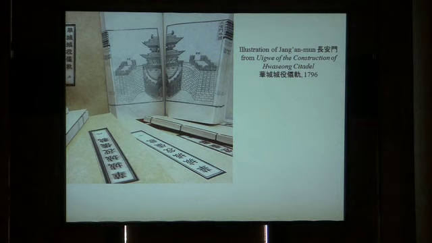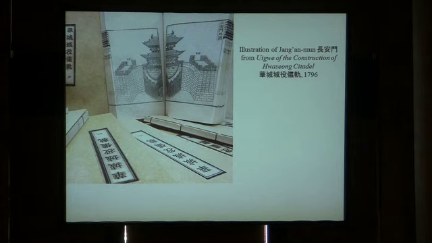Hwasong, remember, is the place where King Jeongjo's father's tomb was near. So King Jeongjo was very filial, and he decided to make Hwasong his second capital. In Korean, Hanyang is the capital, and then Hwasong is what is called Yusubu, second capital.